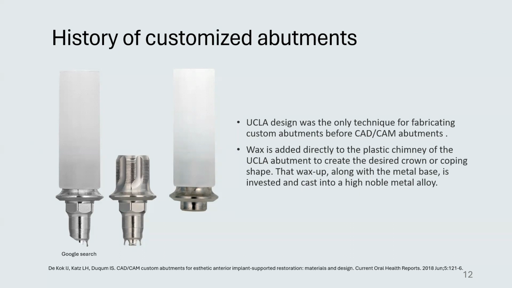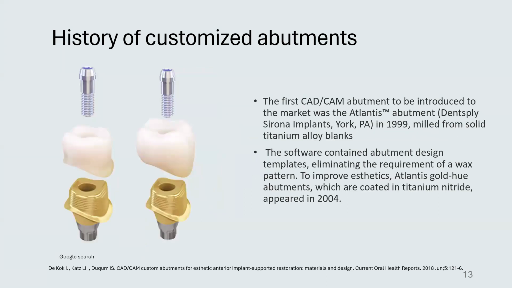It needs to be customized in order to be used. So the clinician can do a conventional wax-up over the plastic sleeves or chimney, and then it's cast the conventional way to fabricate customized abutments. These are very old now and are replaced with CAD/CAM abutments.